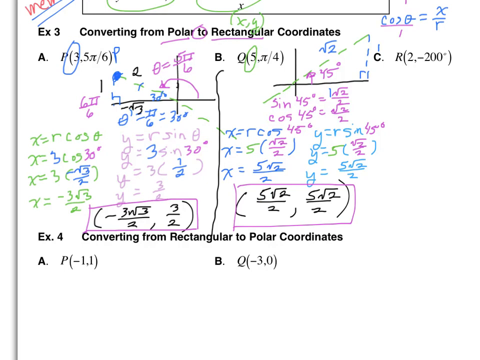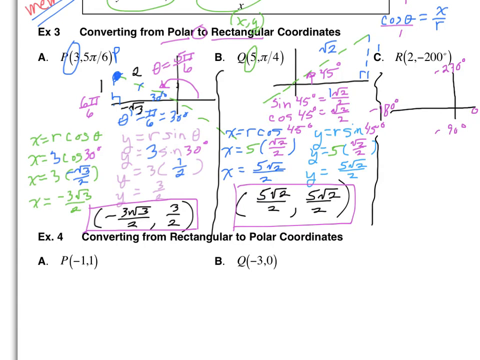What do you think the issue with C is going to be? Your reference angle is 20 degrees, and here's why. Negative 200 degrees actually ends up in quadrant 2. Because this is 0 degrees, this is negative 90 degrees, this is negative 180 degrees, and then this is negative 270 degrees.